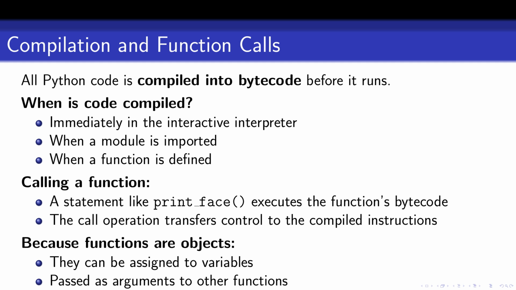Because functions are objects, you can assign them to variables or pass them as arguments to other functions. This makes Python extremely flexible and expressive. You're not limited to just calling functions in the traditional sense. You can build new kinds of control flow or abstraction by treating functions as data. Understanding this compiled nature of functions also helps clarify how Python runs your code behind the scenes.